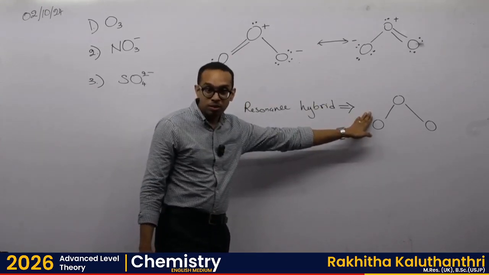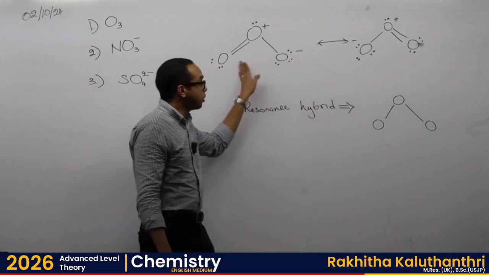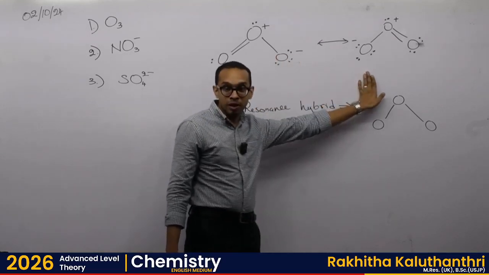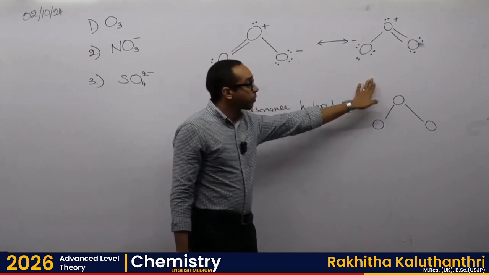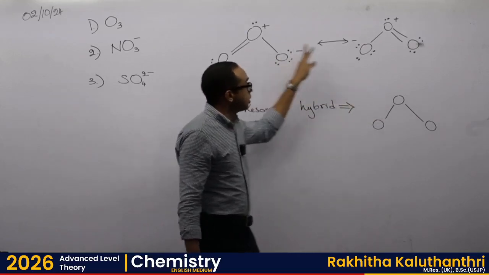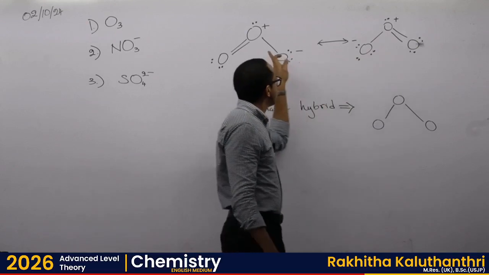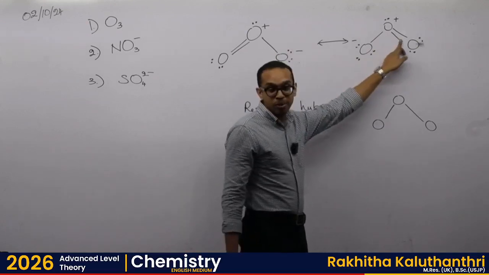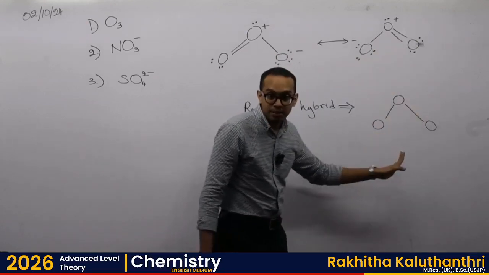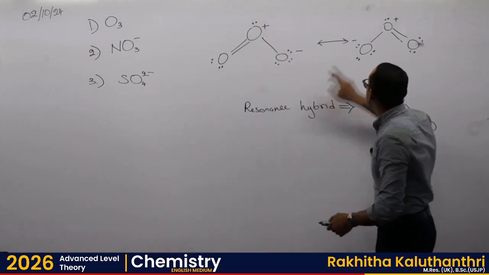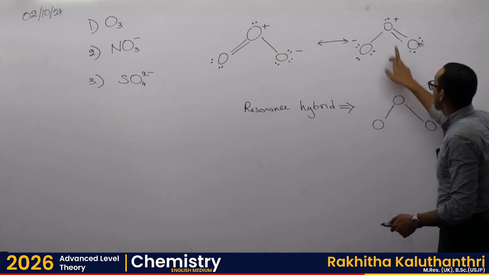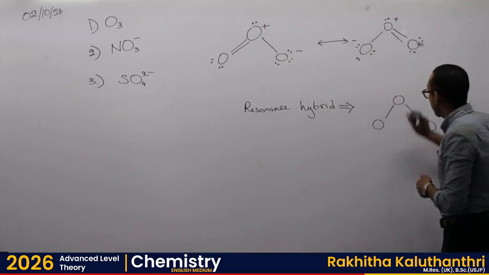We draw those. Is that clear? Those are common to both. We draw only the common ones first. This one has a double bond, this one has a single bond, and a single bond, double bond. So we are not going to touch them yet. We draw the common stuff. This oxygen has a lone pair. Again, this oxygen also has a lone pair.